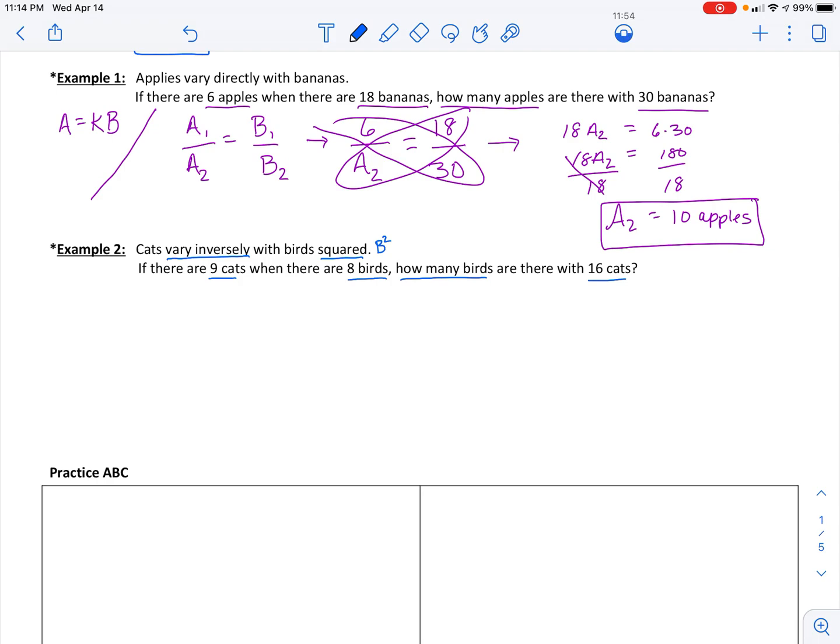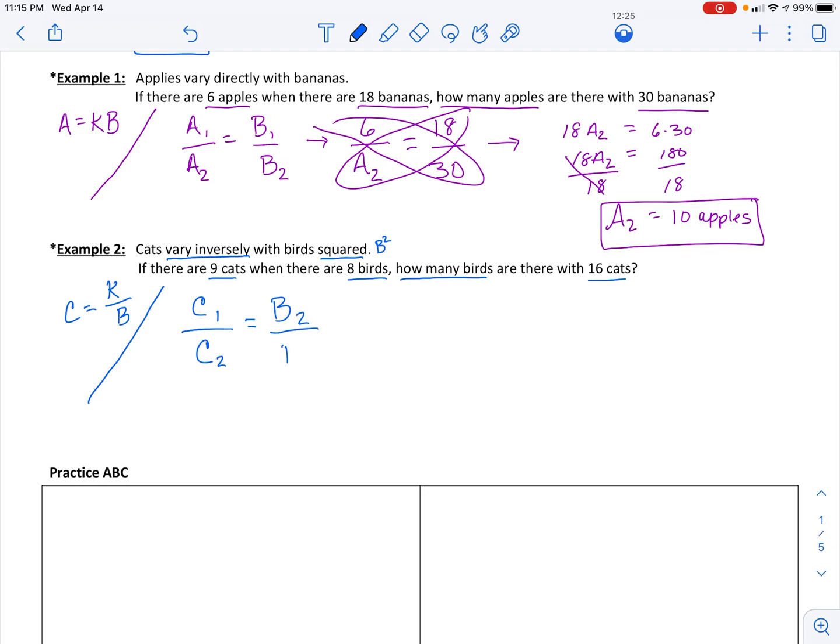Now remember, what we've been using is our old way, where we would take cats varying inversely. So we would write it this way with our constant of proportionality, which is K over B. That's our old way. But our new way is going to look like this. So we're going to use C for cats. So we have cats in the beginning, cats in the end, equals birds in the end.